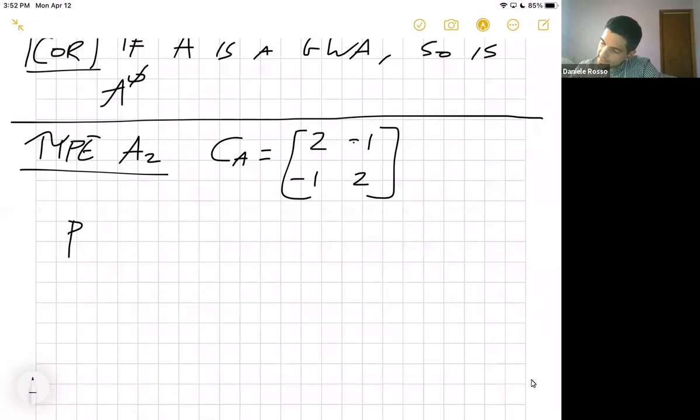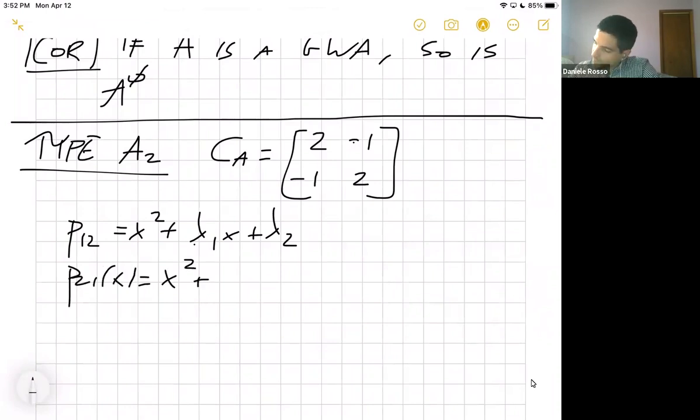If this is the case, then our minimal polynomials will have degree 2, so I can write them this way. And then it depends on what these coefficients are.